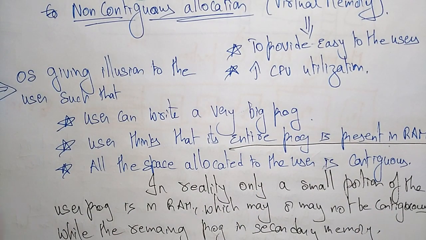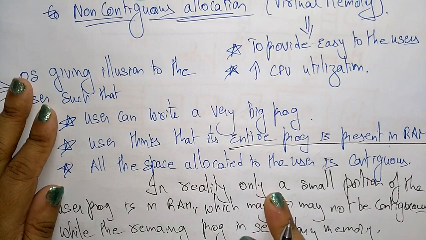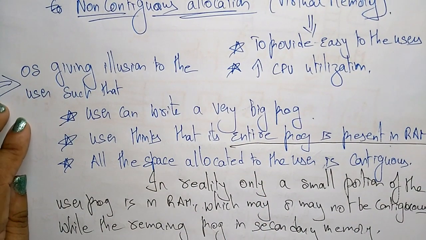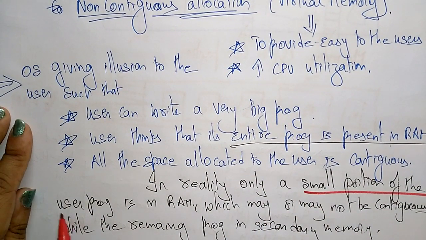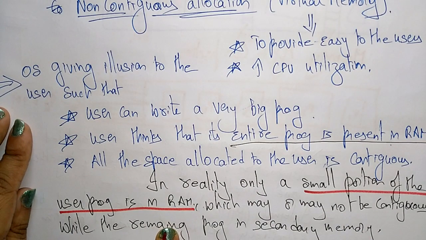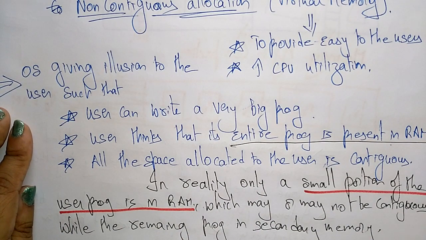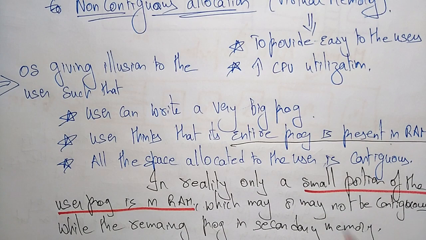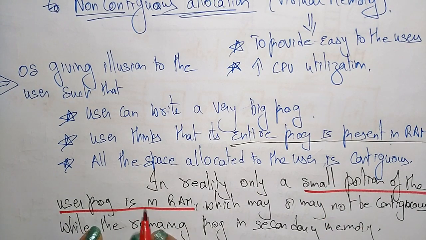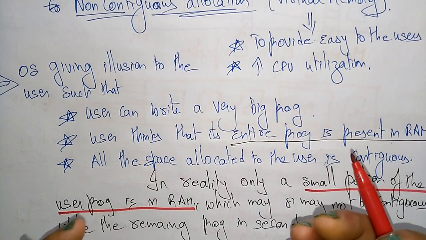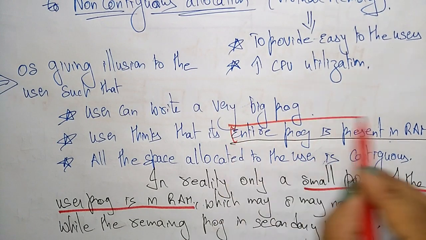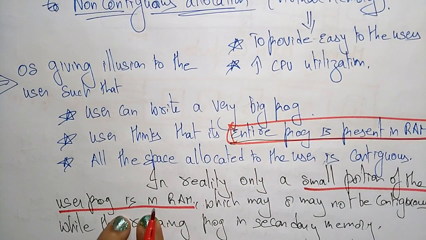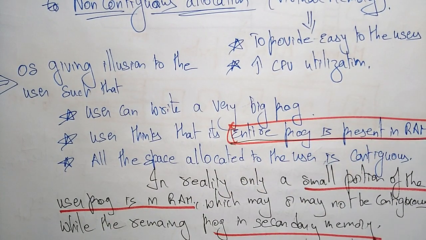In reality, only a small portion of the user program is present in RAM, which may be contiguous or non-contiguous, and the remaining program is stored in secondary memory.